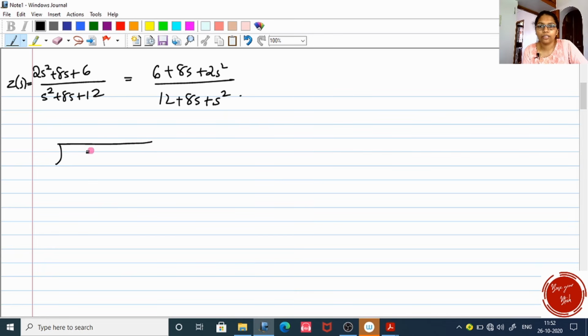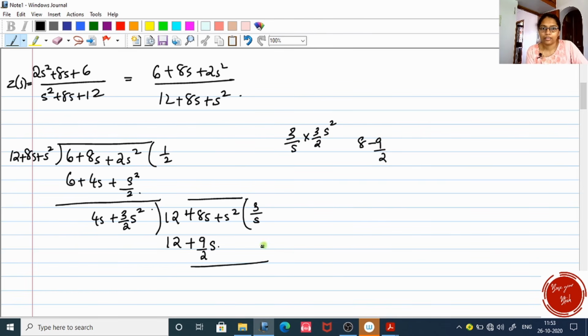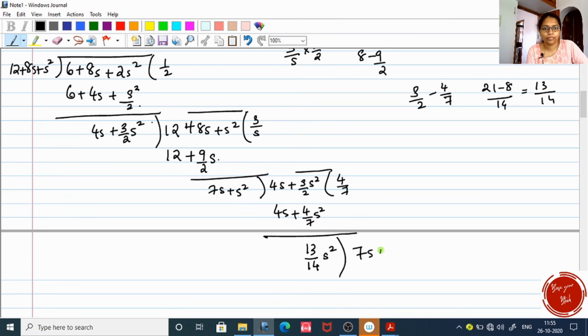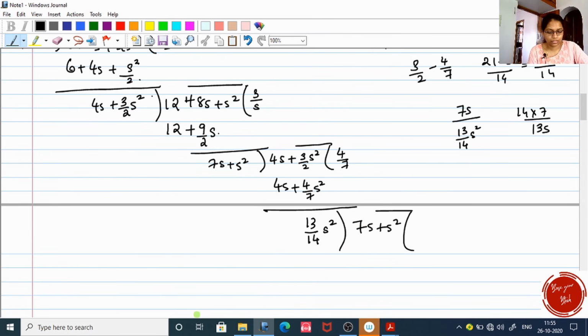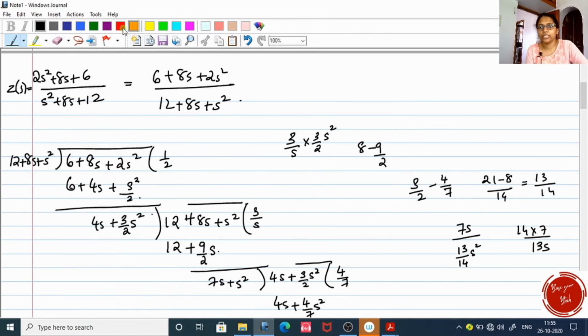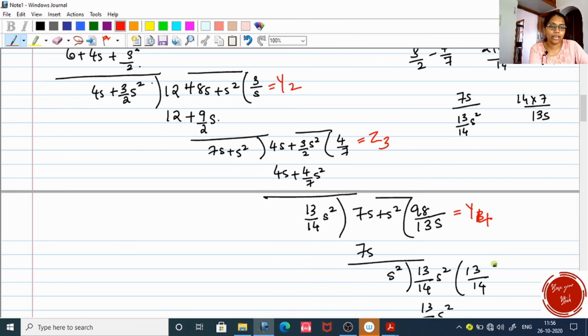Now continue dividing. So here is the complete division, and we have to start from z1 because we divided the z of s function. So z1, y2, z3, y4, and lastly z5.